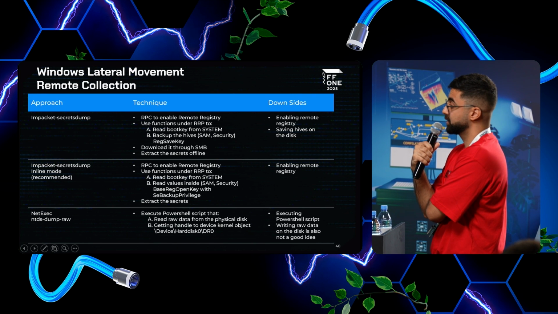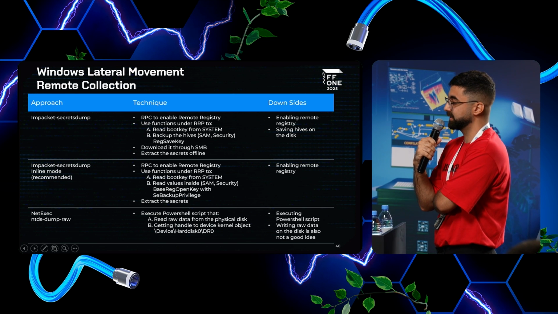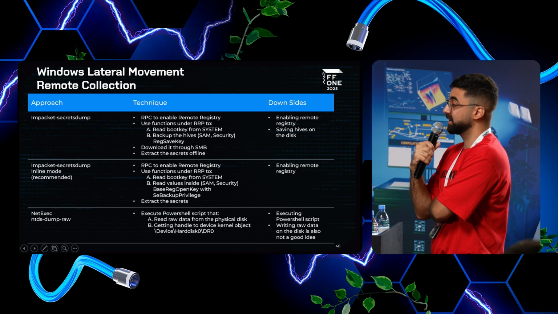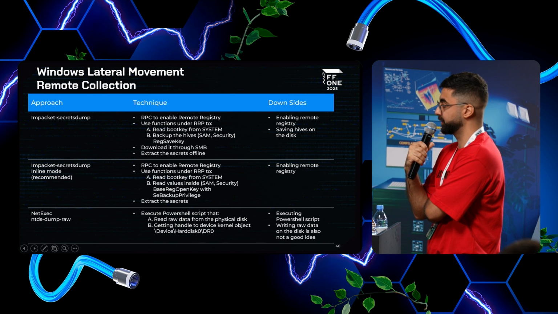The third way is used inside NetExec. It's really new, they announced it 3 weeks ago. It's called NTDS Dump Pro. They introduced it, I think, just to dump NTDS, because it's really hard to dump, with no way to interact with it directly.